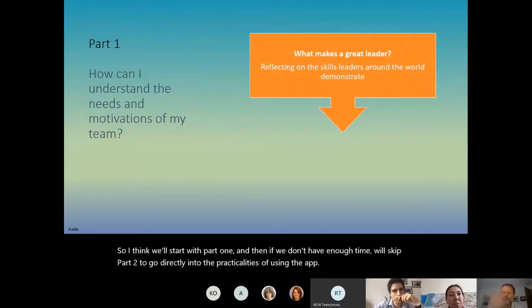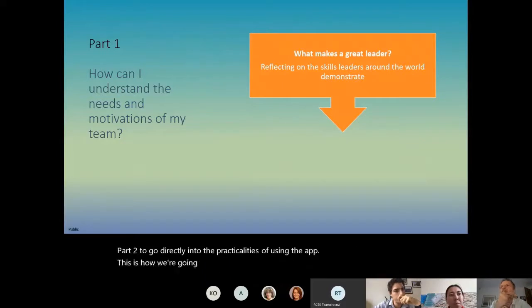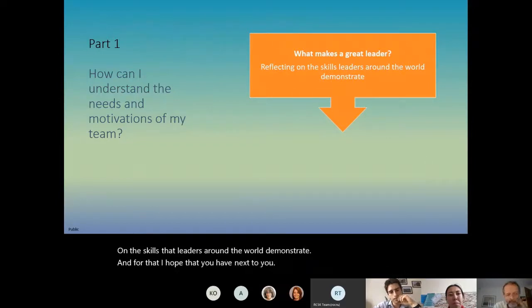Okay, so this is how we're going to proceed. We're going to reflect on the skills that leaders around the world demonstrate. And for that, I hope that you have next to you a piece of paper or a notebook, a pen and a pencil, because it is actually easy to write things down and remember them and keep them for later reflection.